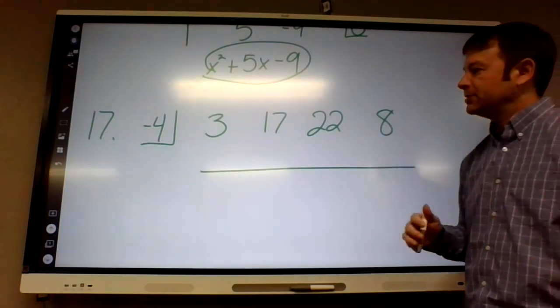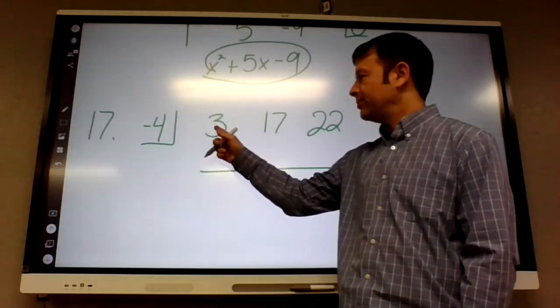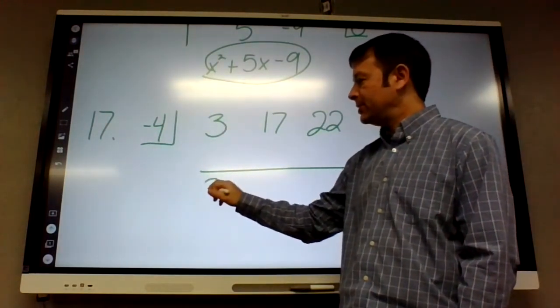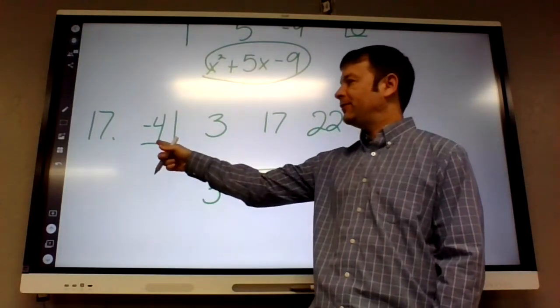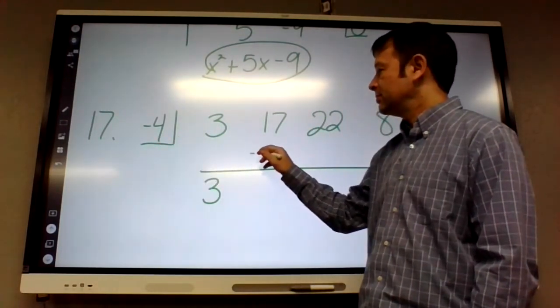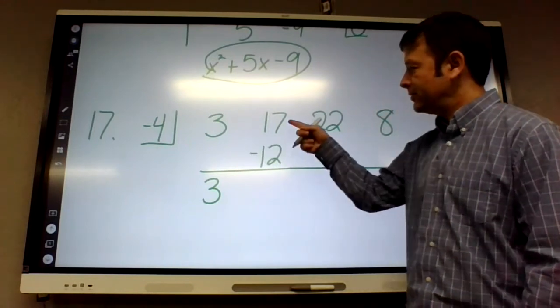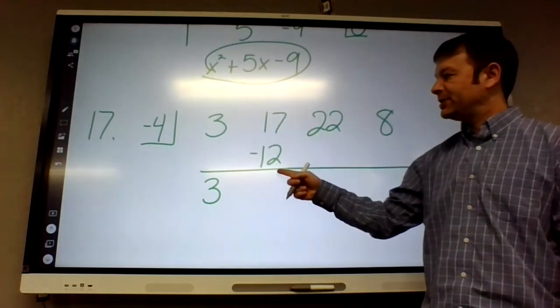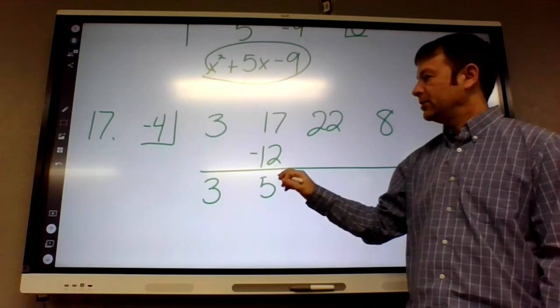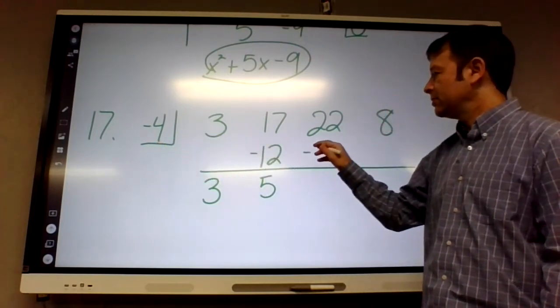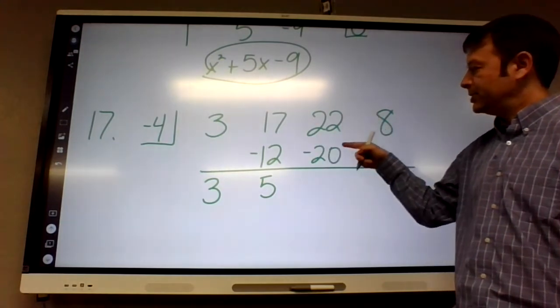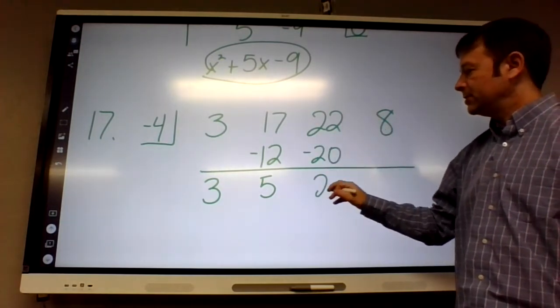Okay, so we're adding down. 3 plus nothing is 3. And then we're multiplying up. 3 times negative 4, negative 12. Add down 17 plus negative 12. Multiply up. 5 times negative 4, 20. Add down 22 plus negative 20. It's not bad.